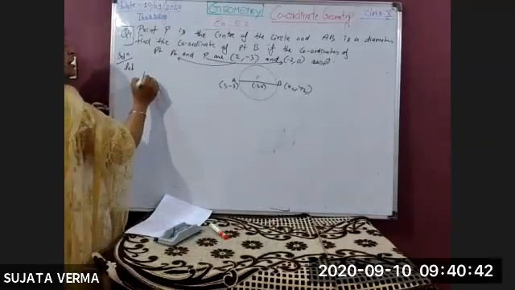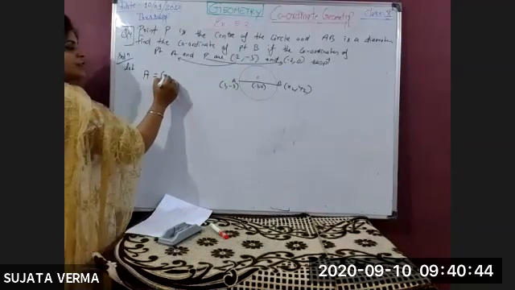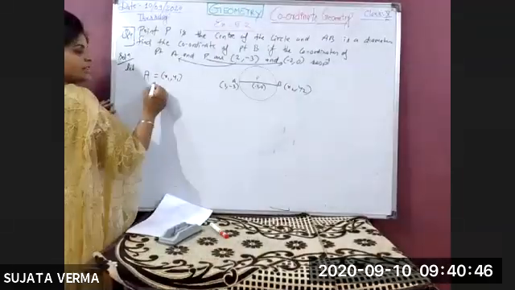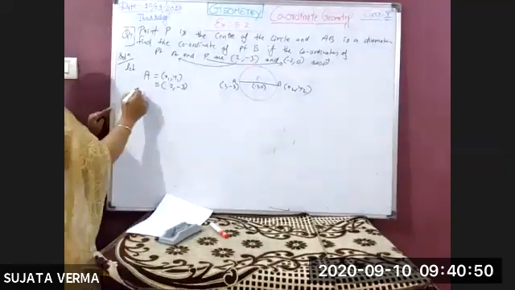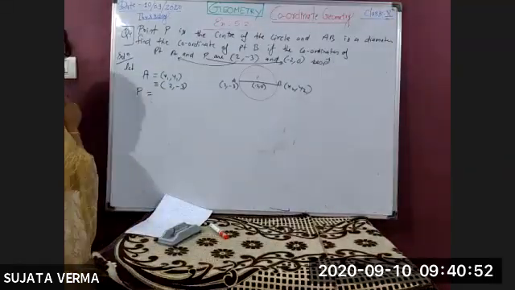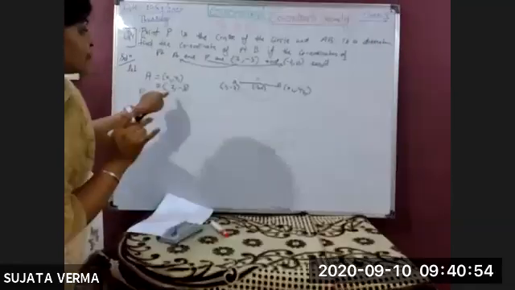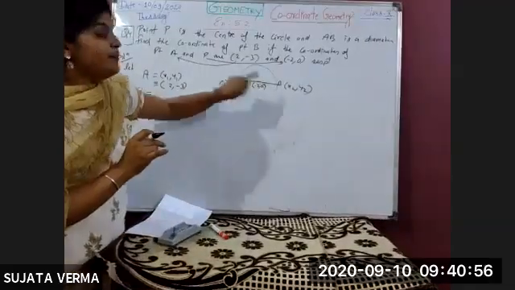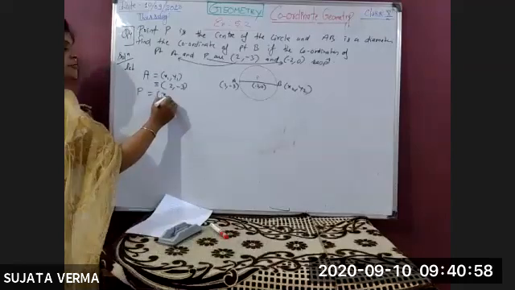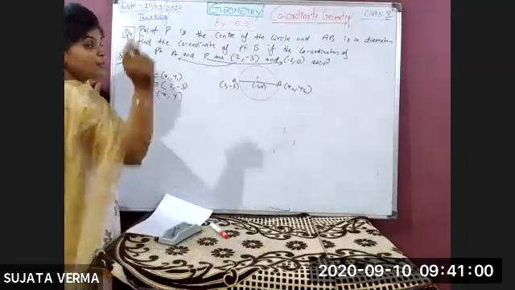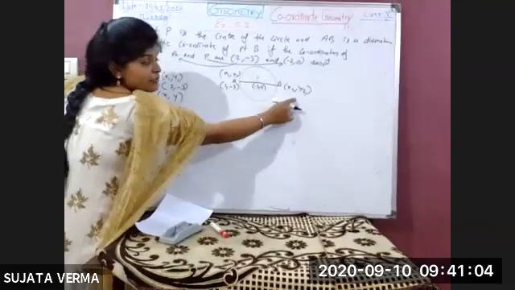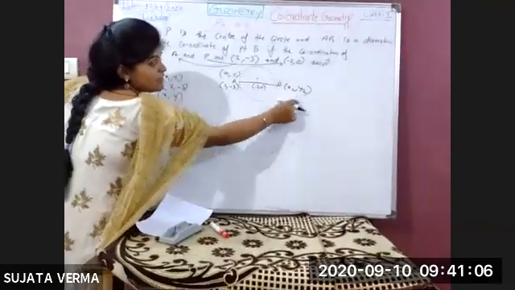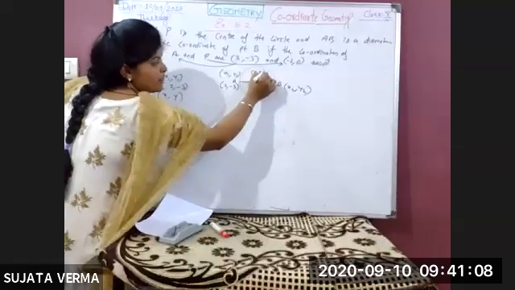Okay, now solve it. Let A equal to x1 comma y1, that is equivalent to 2 comma minus 3. P equal to x comma y, because this one is x1 comma y1, this is x2 comma y2, and this is x comma y.